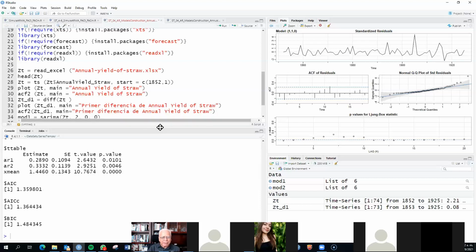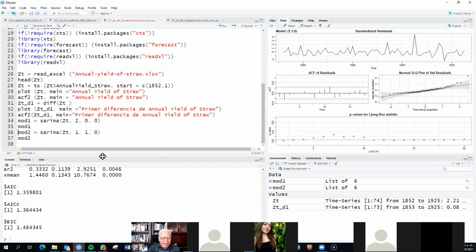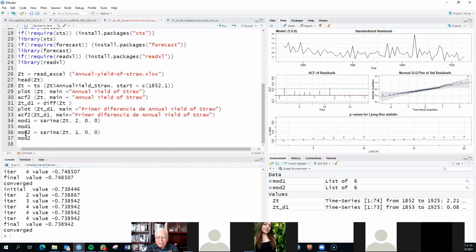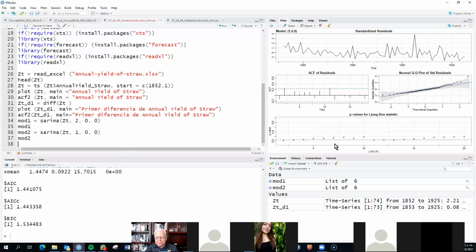What if I made a mistake and forgot to include the difference here? If I forget to include the difference and fit the model, it still looks bad. Many p-values of the Ljung-Box statistic are very low, less than 0.05. Let's say the boundary is set at 0.05 to test at the 5% significance level.